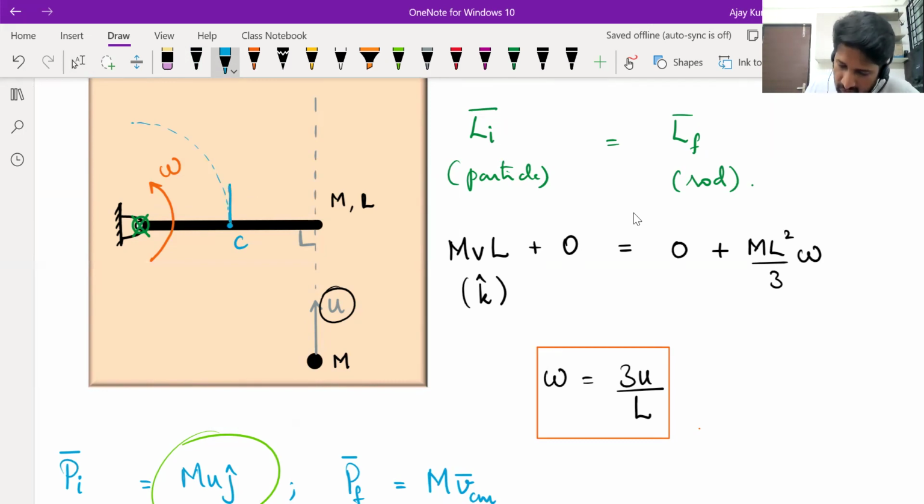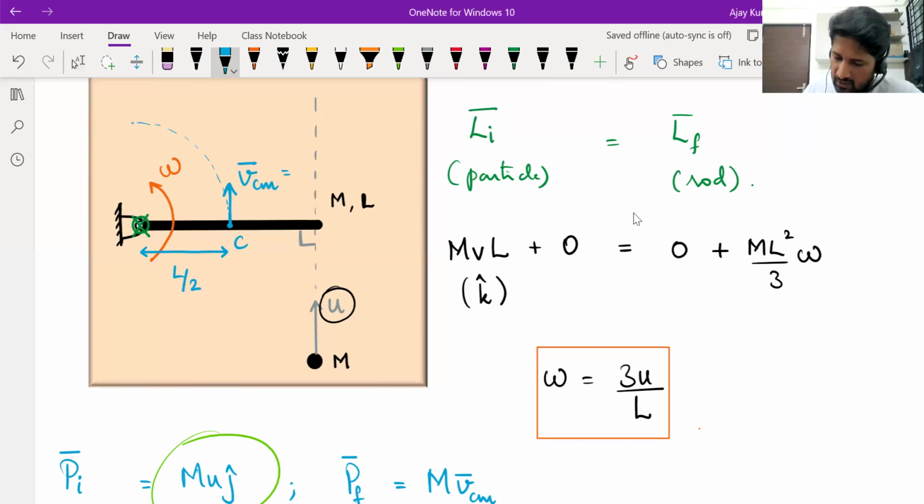So it's important to imagine all this. Make sure you are understanding everything. That's why I explain things slowly. The velocity of center of mass of the rod just after collision is this way. It can be expressed as v equal to r omega, where r is the radius in which that point rotates. The radius in which the center of mass rotates is L by 2 because the rod is hinged at one end.